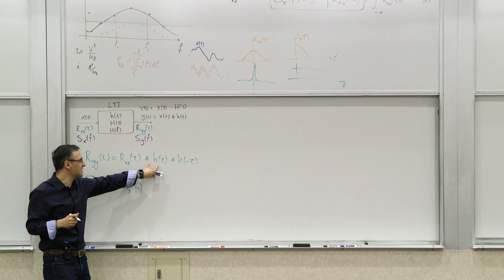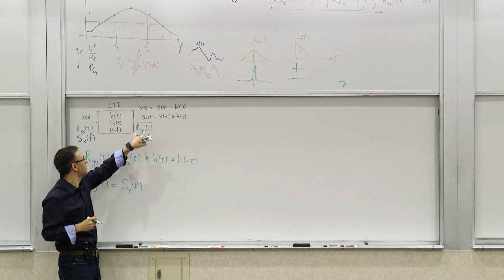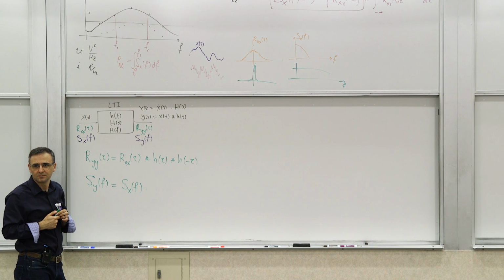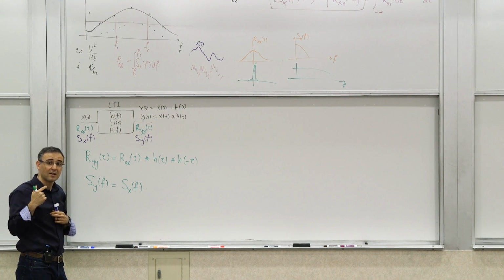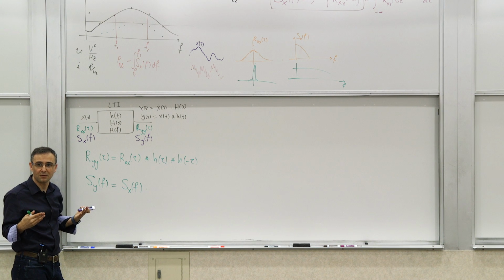The Fourier transform of the impulse response is simply H of s, or H of j omega. What is the Fourier transform of h of negative tau? Same thing for a real system. But remember, even if h, lowercase h, the impulse response, can be real, capital H can be complex, because it's a Fourier transform.